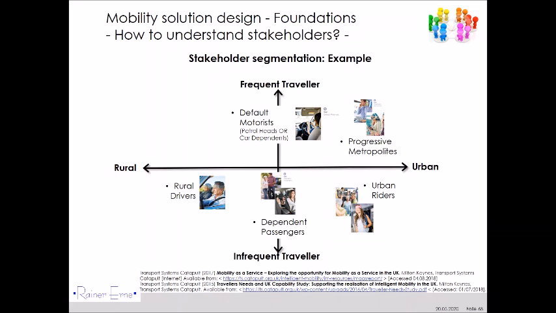And for these segments, we have different needs. And this is very important because if you develop a solution, a mobility solution, you have to keep in mind who your customers are. And you can't address all the customers which have different needs in the same way, but you have to focus on them. And this is the whole intention behind segmentation of travelers here.